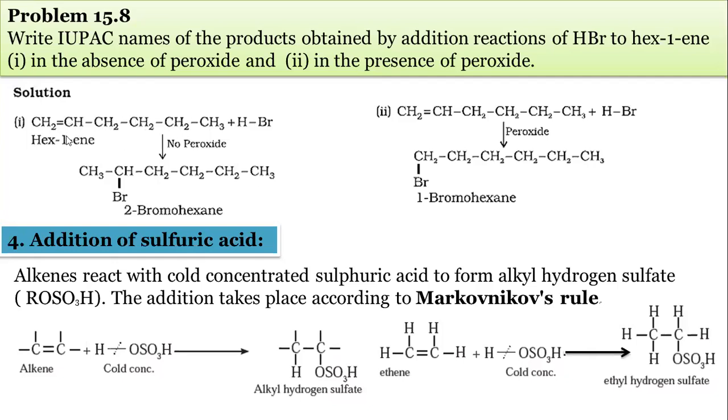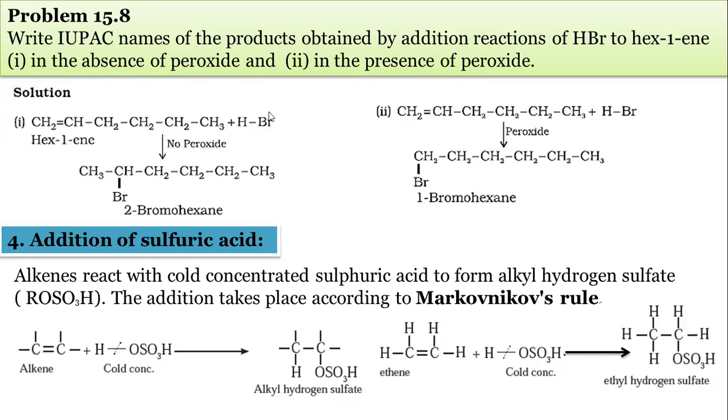Six carbons are there, and the double bond is on carbon number 1. So we have to add HBr to this hexene. Condition number 1 is in the absence of peroxide, and the second condition is in the presence of peroxide.